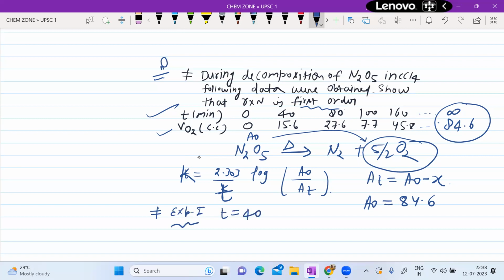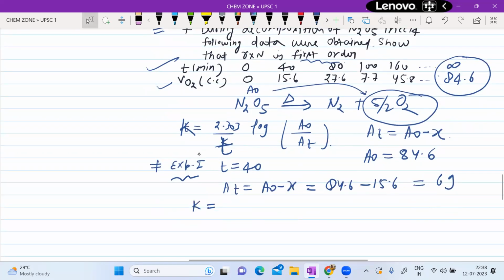When time is 40, At will be equal to A naught minus x. A naught is 84.6 and x is given to you as 15.6. It will become 69.